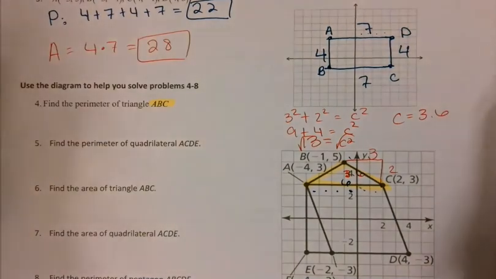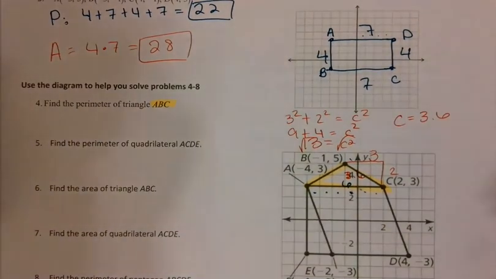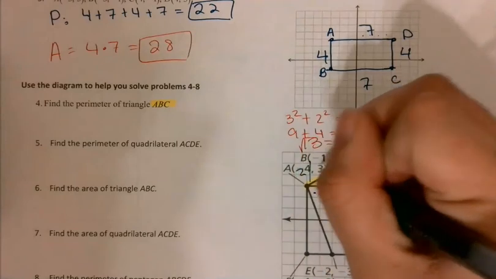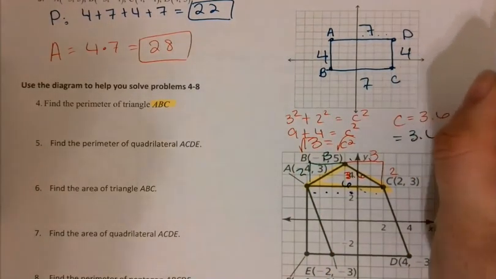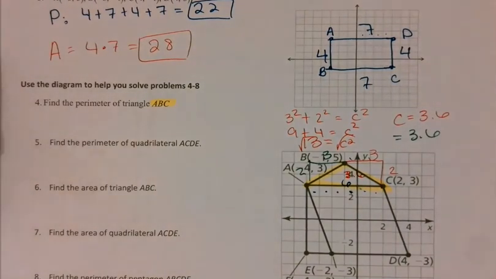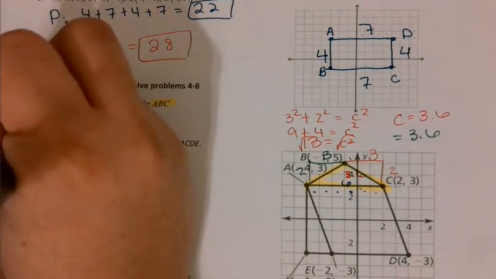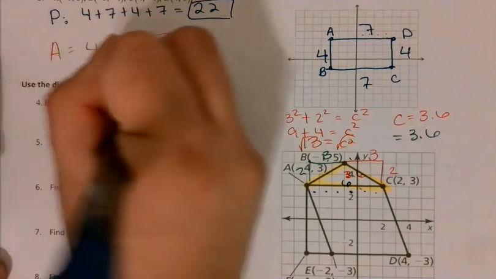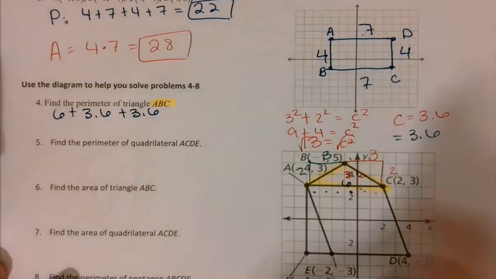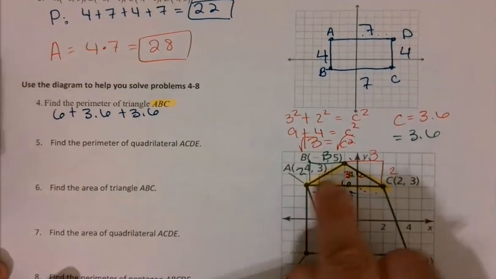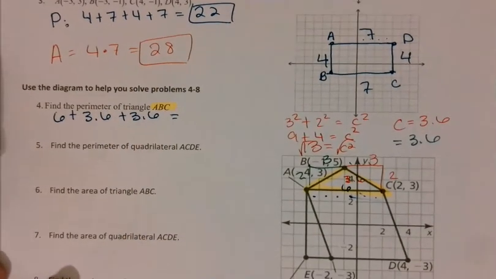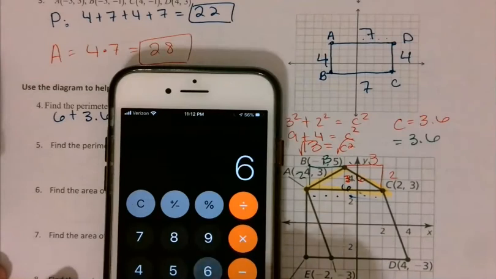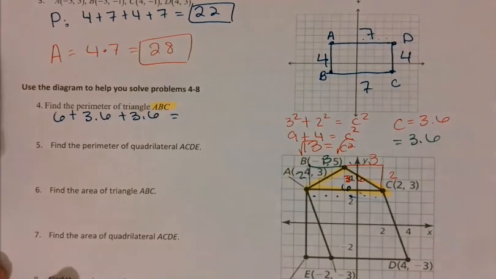Over here on the other side, I have up to over 3, so also 3.6. So for my perimeter, I'm going to add 6, 3.6, and 3.6. I'm going to add that on my calculator. And I get 13.2.